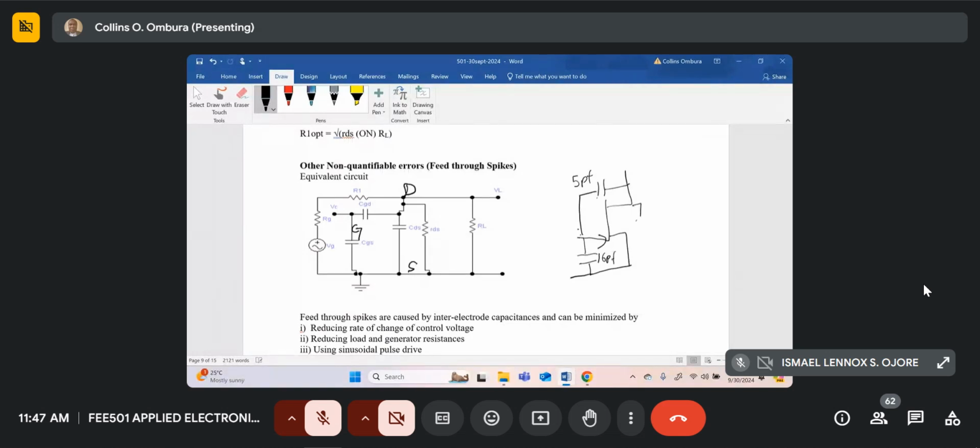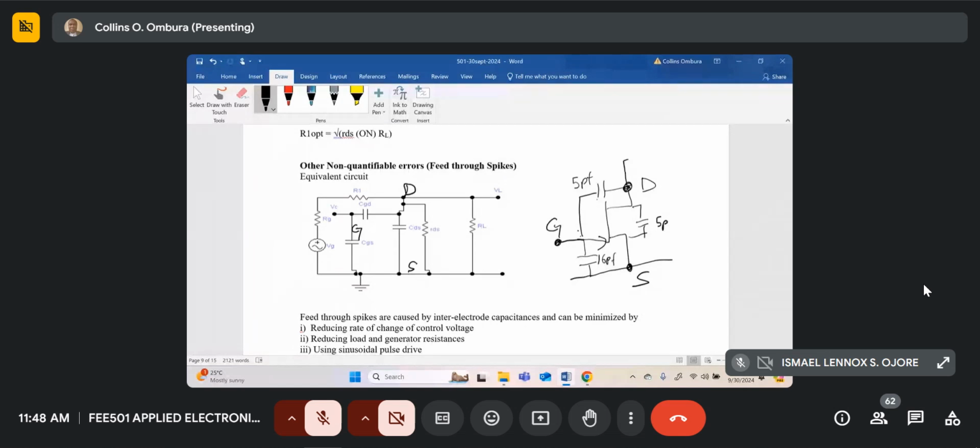And this one also is normally small, about 5 picofarads for chopper FETs. So I should visualize it that way. Typically the input capacitance is the capacitance between the gate and source, which is normally large. The other capacitances are typically 5 picofarads for chopper FETs.